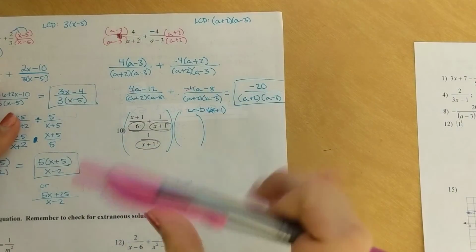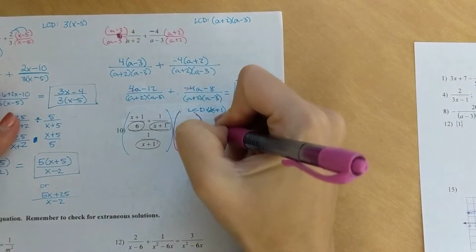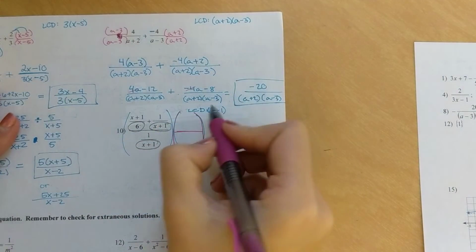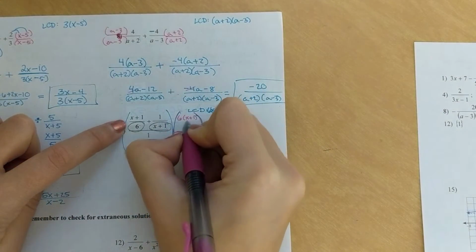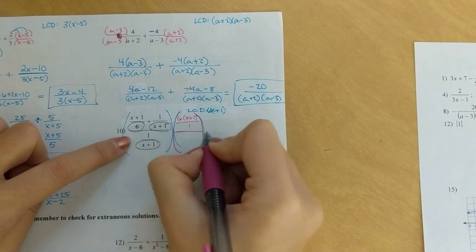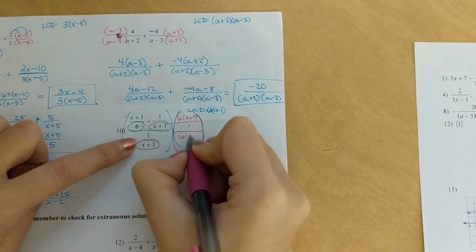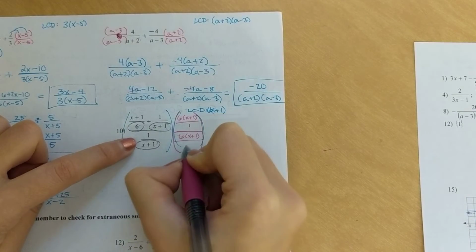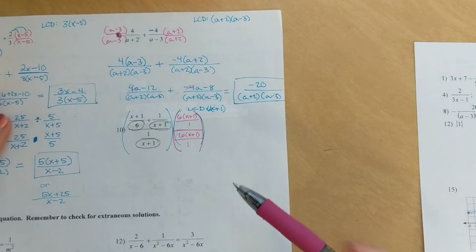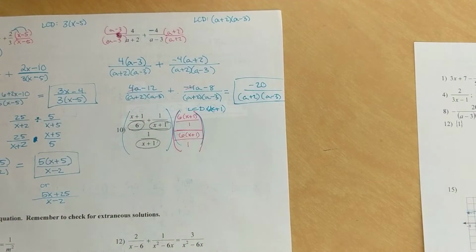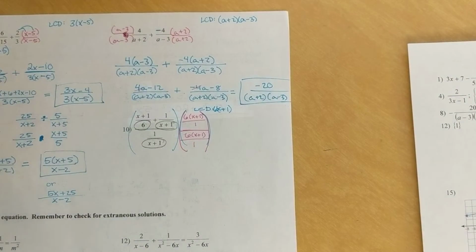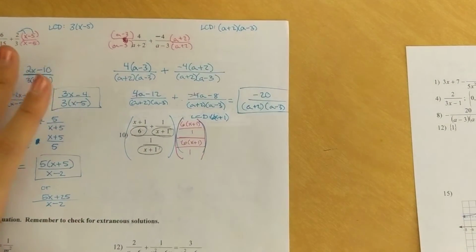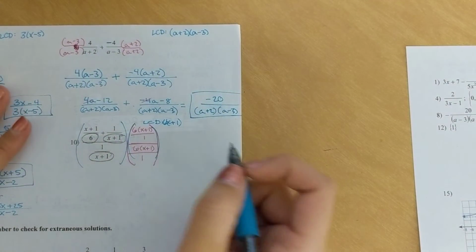Now, since we've got several levels going on here, I'm going to write it as 6 times x plus 1 over 1, over 6 times x plus 1 over 1. Just for us visually speaking, this is the same as 1. My next step is going to be really crowded looking, but then it should clean up a little better from there.